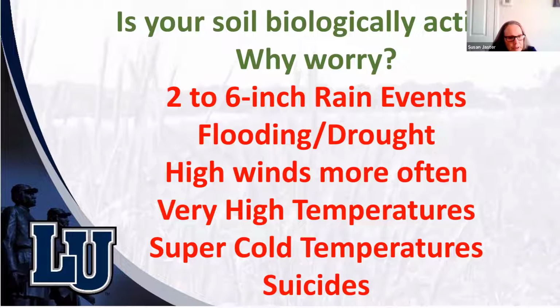I'm also noticing high winds more often, and very high temperatures and super cold temperatures. So we're going to see much more of these extremes as we move into the future. So that's why it's important to have biologically active soils, because they can help us have resilience to all these things.